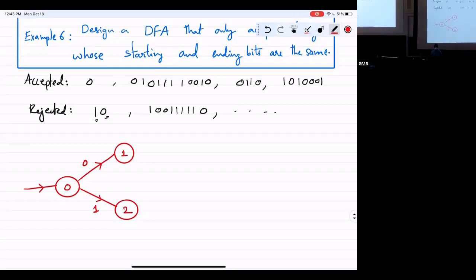No, but then you can't keep branching off, right? You have to stop. All right, so you want these to branch off.